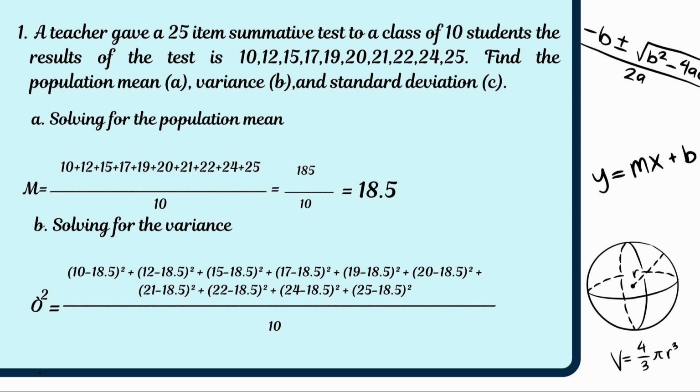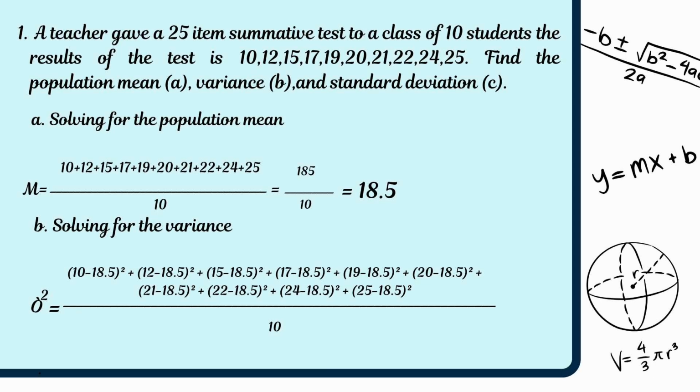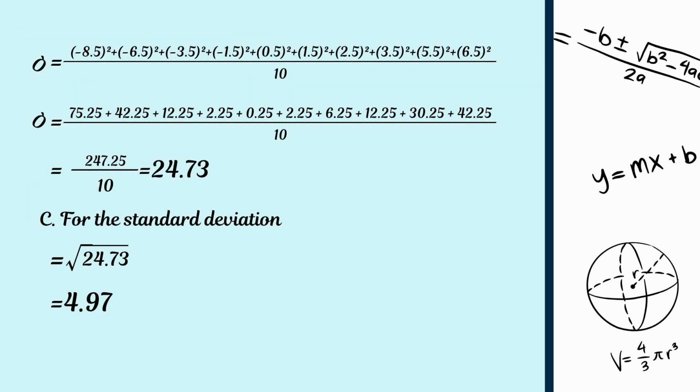So variance is equal to 10 minus 18.5 squared plus 12 minus 18.5 squared plus up to 25 minus 18.5 squared, divided by 10. After computing the squared differences and summing them, we get variance equals 247.25 over 10, which equals 24.73. So the variance is 24.73.